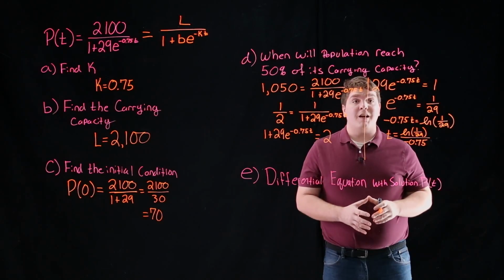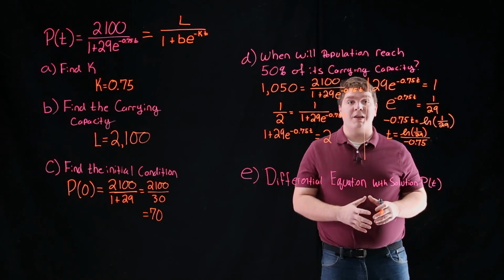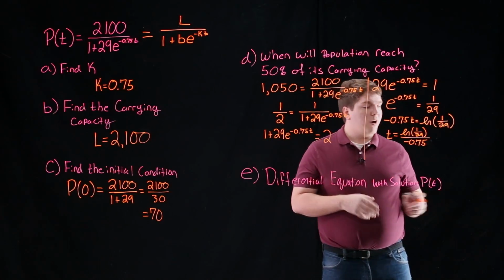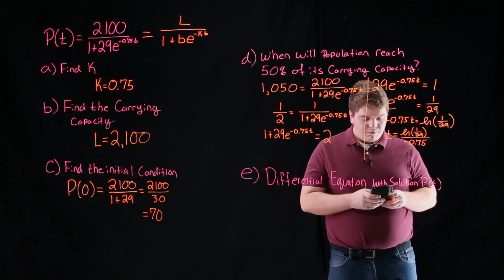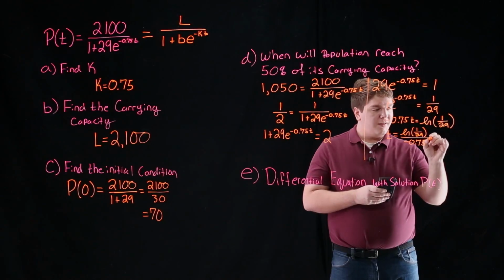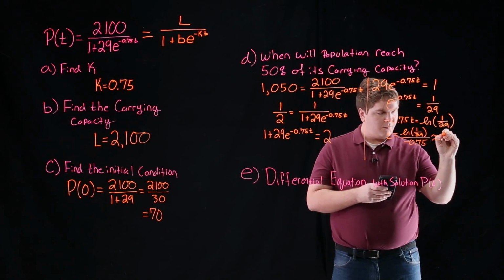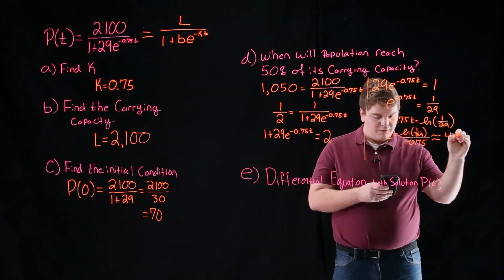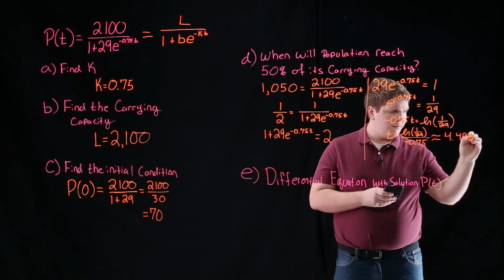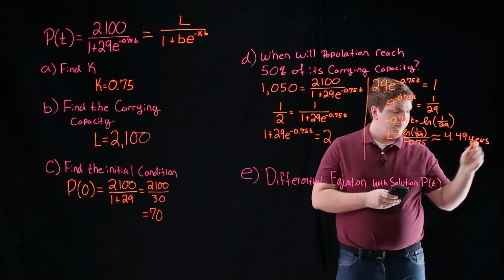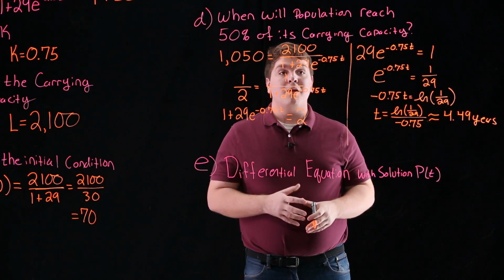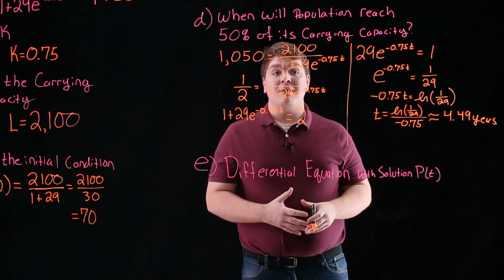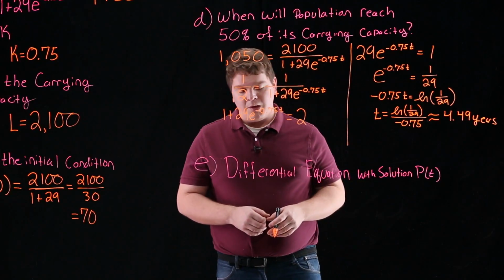So this is the exact time at which the population will reach 50% of its carrying capacity. We can approximate this by evaluating this in a calculator. And we see that this is approximately 4.49 years. So after 4.49 years, we know that our population will be at 50% of its carrying capacity.